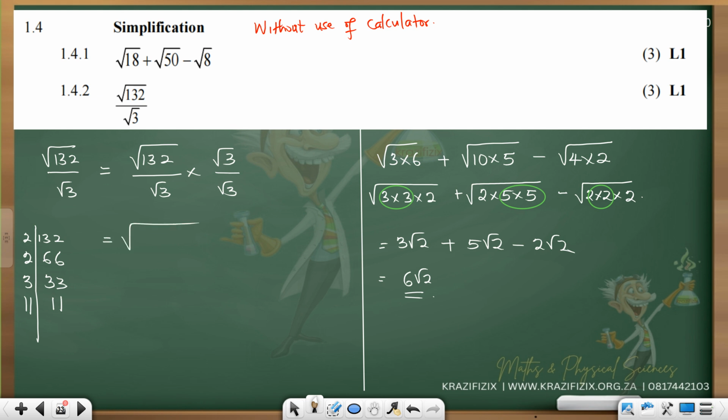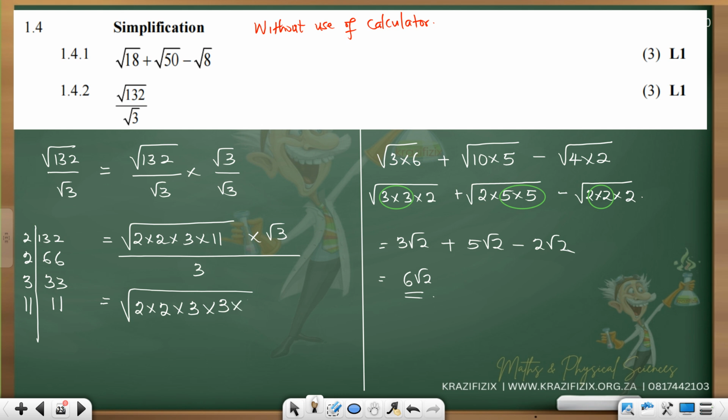So 2 times 2 times 3 times 11. Definitely we know this will be a 3. Okay, wait. Do you notice the top? I can combine it, right? 2 times 2. There's a 3. I'm bringing in the second 3 because I can combine it. Oh, I can now work with my pairs. So 2, and 3, would give me 6 root 11 over 3.